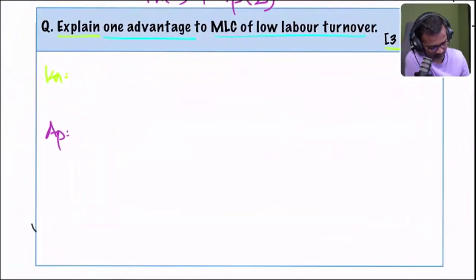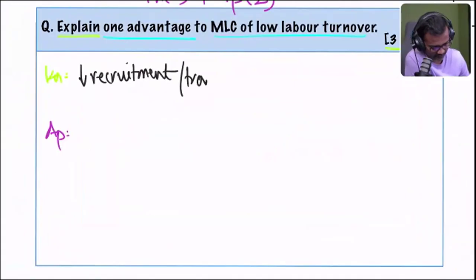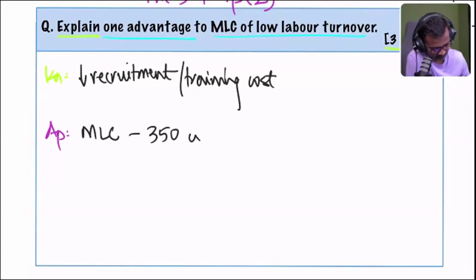Okay. First one, I would say that it reduces recruitment, and someone, I think Maliha just mentioned, training cost. So that's one way that you could frame your answer, that look, if you have few people leaving, and here I would mention that MLC has 350 workers.